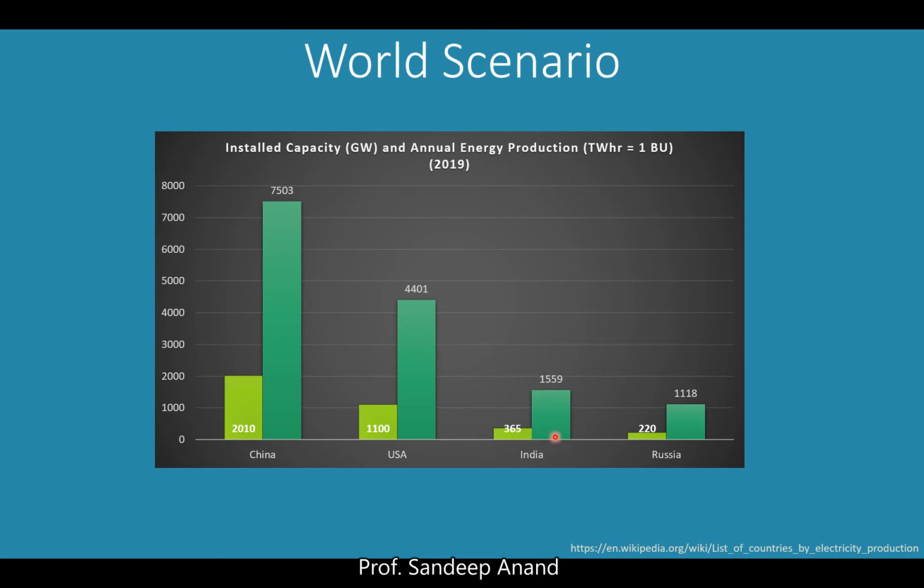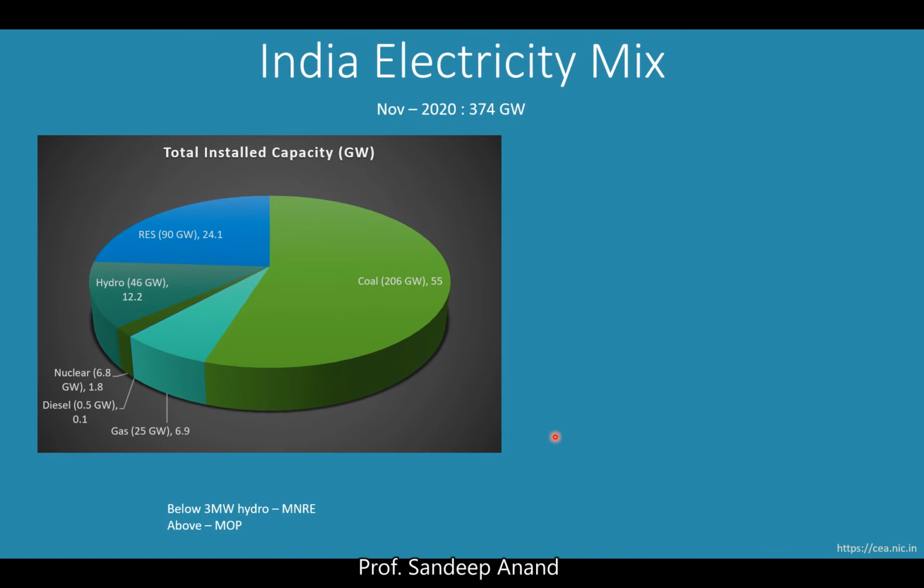So let's have a little bit more detailed look at the composition of India's electricity installed capacity. It's 365 gigawatt in 2019. If you take more recent data from the CEA website, which stands for Central Electricity Authority, it's November 2020 data. It shows about 374 gigawatt. So this is the total installed capacity as of November 2020. Out of this total, the majority of the chunk you see is coal, right?